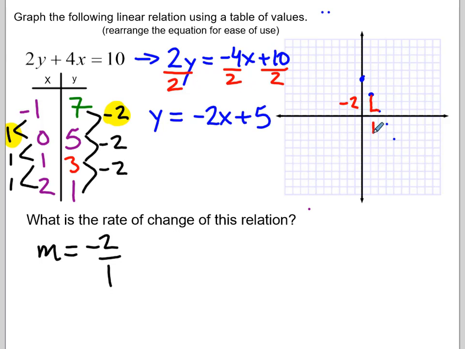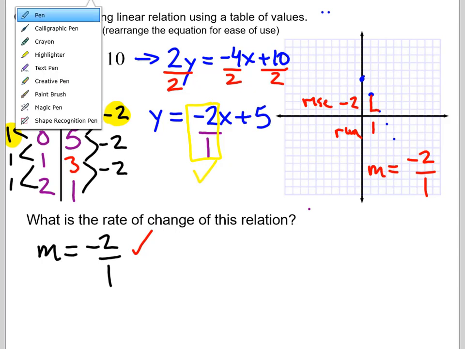So I have negative 2 as my rise and positive 1 as my run. So my slope, and I'm going to use just the little m here to save space, is negative 2 over 1. Hey, that's the same as what I got here. And if I went back and visited my equation again, oh my goodness, there's my third location to find slope, and I still get negative 2 over 1.